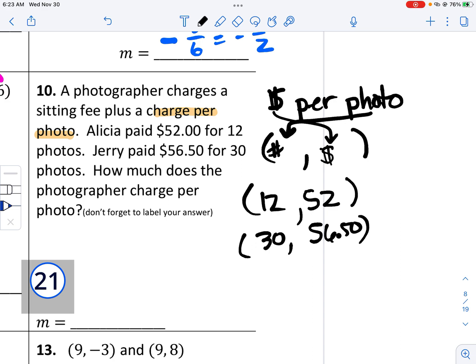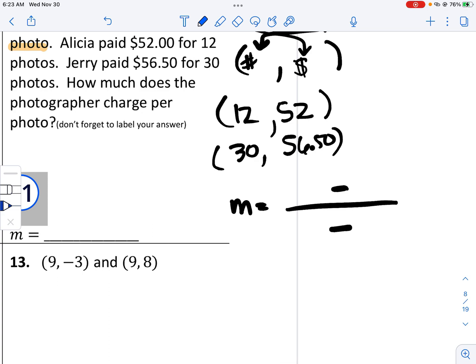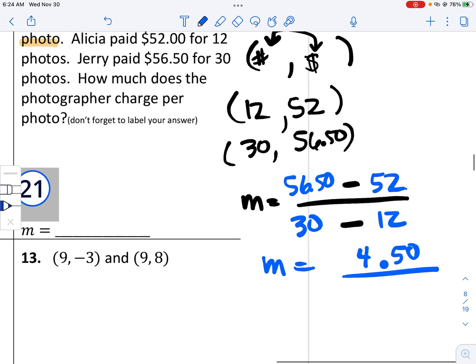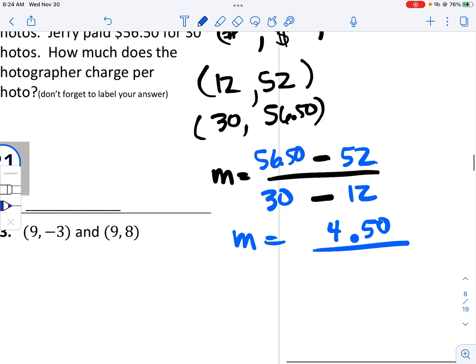Now you just find the slope. Remember, when you find slope and you have 2 points, you have to have a subtraction sign in between. So 56 minus 52, then 30 minus 12. So when I subtract that, I'm going to get 4 on top, and on bottom, sorry about that, 18.